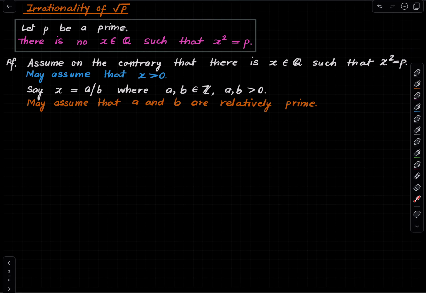It's just the natural steps once you go via contradiction. But now let's exploit what we have assumed to be true. Since x square is equal to p, we get (a by b) whole square equal to p, which if you cross multiply, you get a square is equal to p times b square.